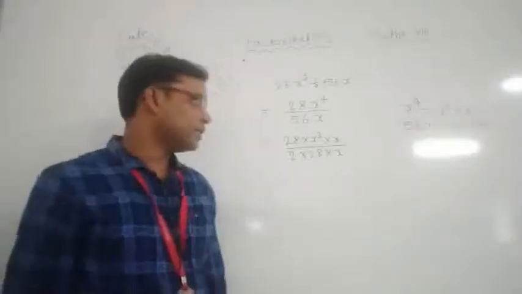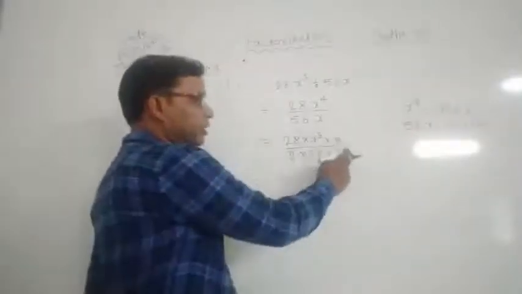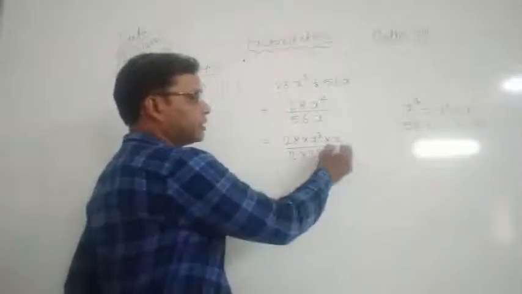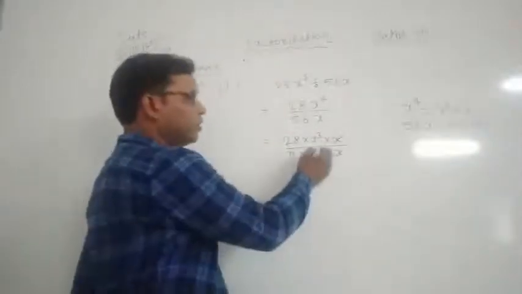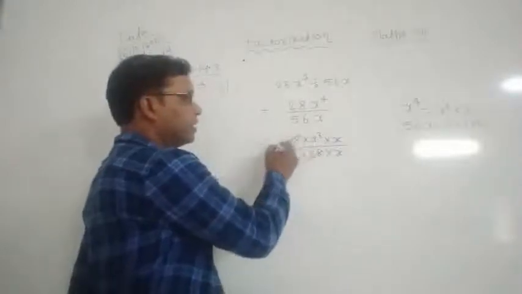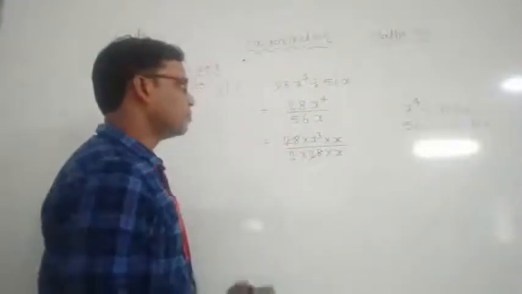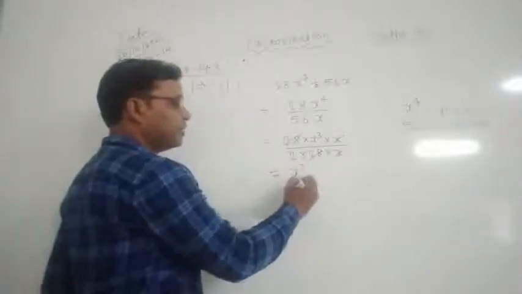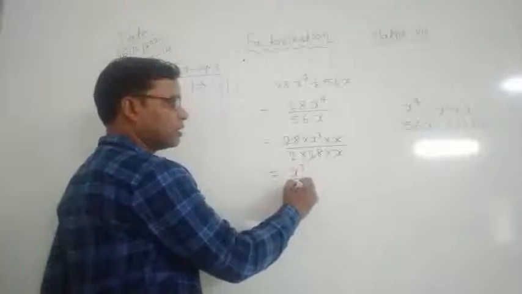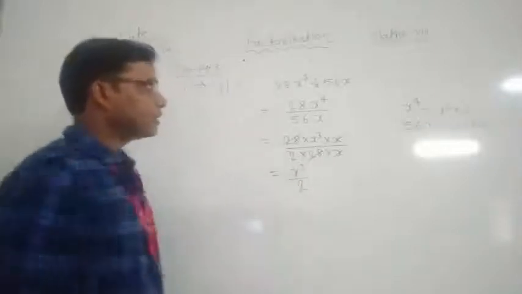Clear? In the numerator and denominator, what is common? x is common, so x will be cancelled. Now 28 is common, so 28 is also cancelled. So you obtain x power 3 divided by 2.